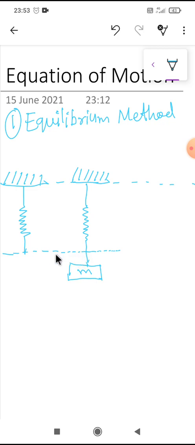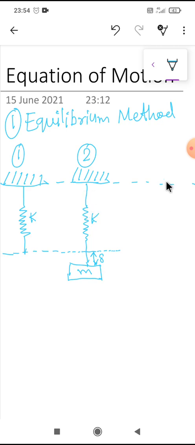We will call that distance delta, and let's name the stiffness of the spring as k. This is the first position where no mass is attached. This is the second position where mass has been attached, but it is in a stationary position.